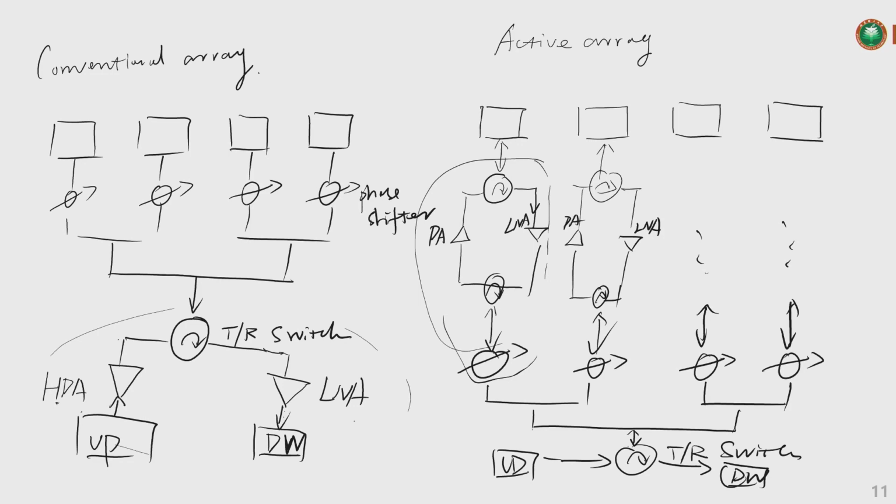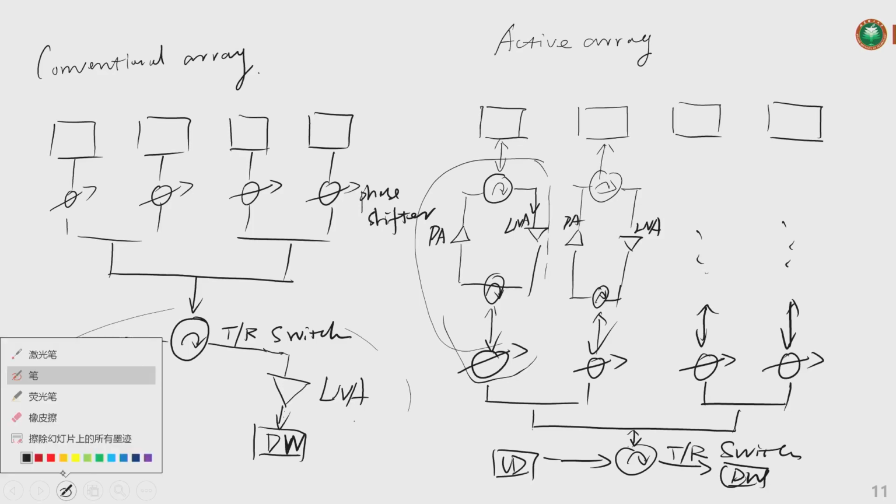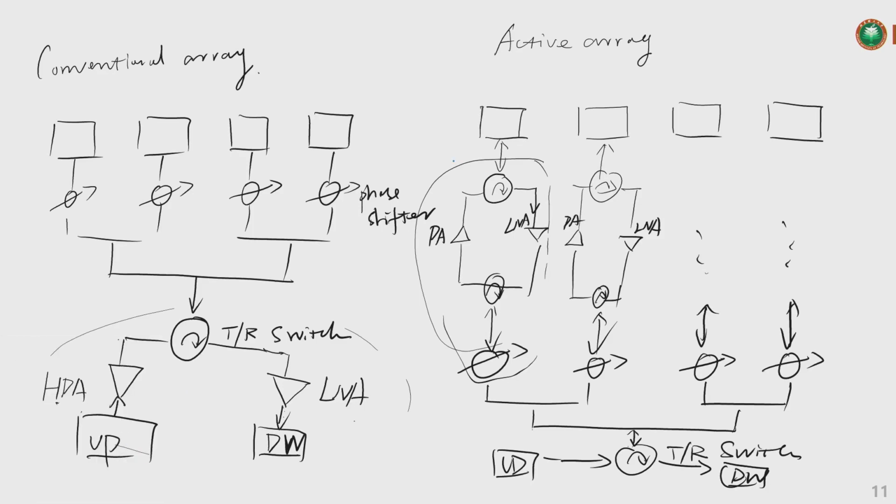We call this part the transmitter receiver modules, so that's going to be TRM. And the array feeding lines are just this part.